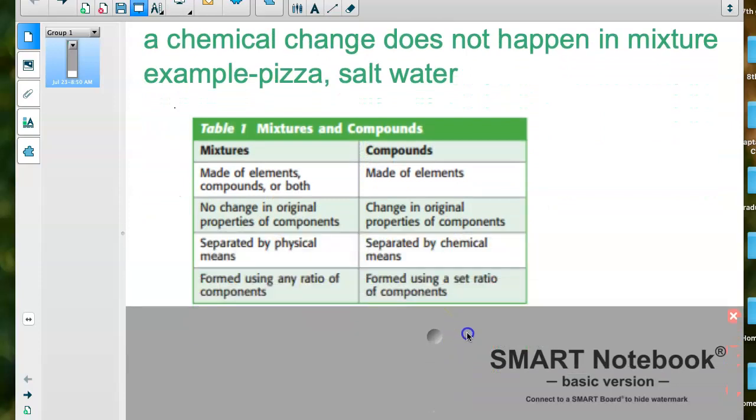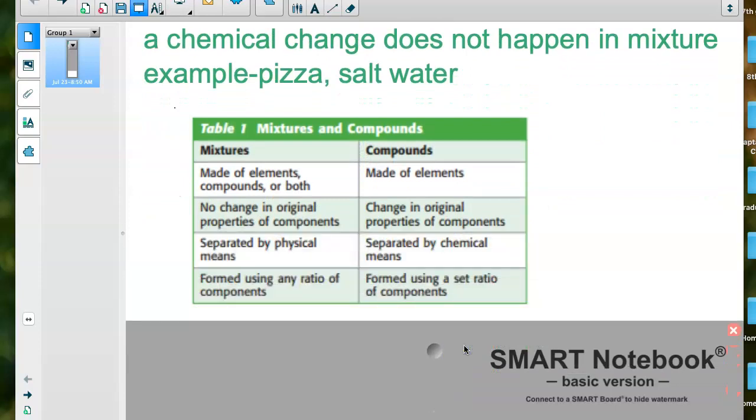So this is a really good chart that I hope you guys looked at on your pages. This distinguishes between mixtures and compounds. We have elements and compounds both with mixtures, but we really only have elements with compounds. And in mixtures, we don't have a change in the original properties of the components. So think about that pizza example. Whereas in compounds, we talked about the physical properties changing from the original elements by themselves.